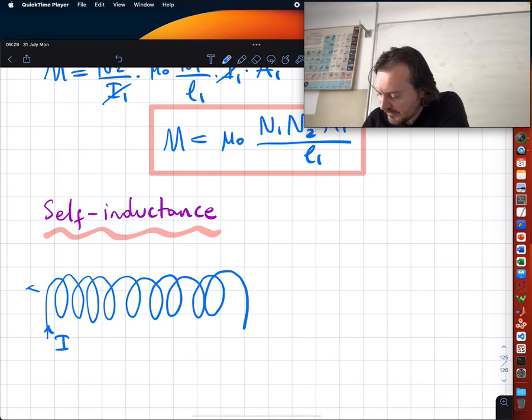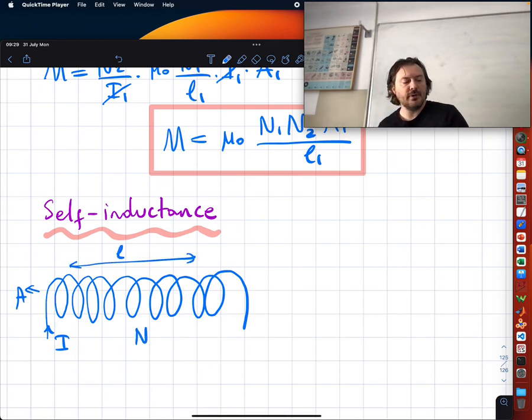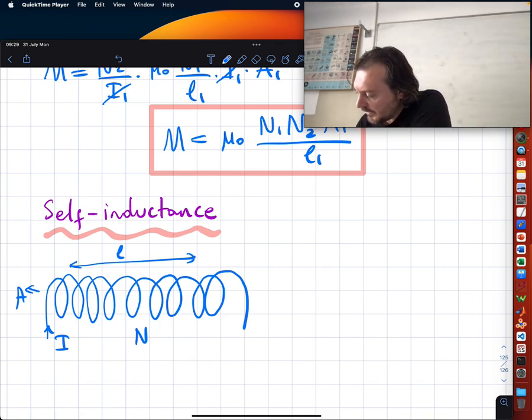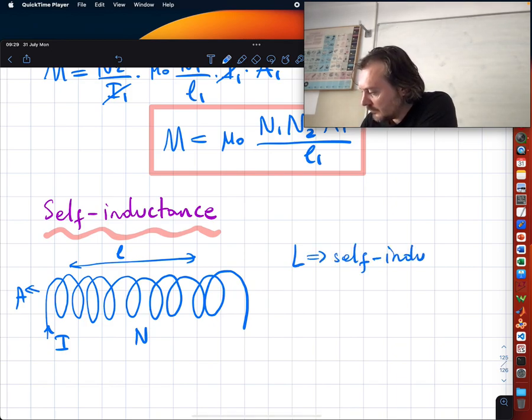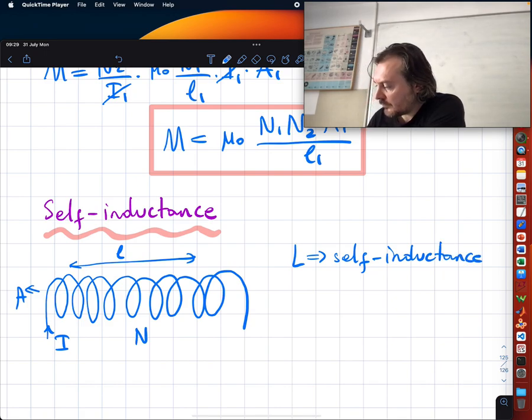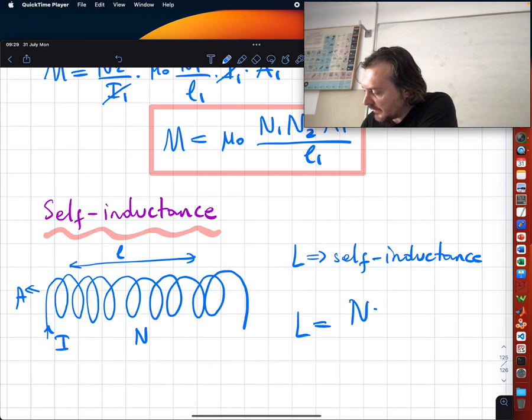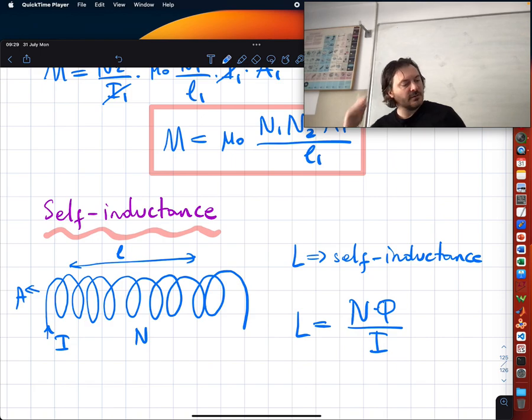So I have the area A, I have the length L, and I have number of turns N. And self-inductance L, you simply drop all the indices, N phi over I. This is what self-inductance is.